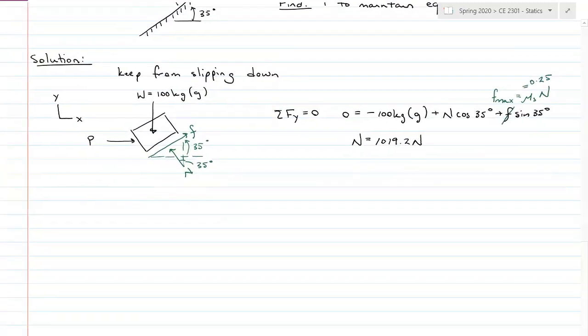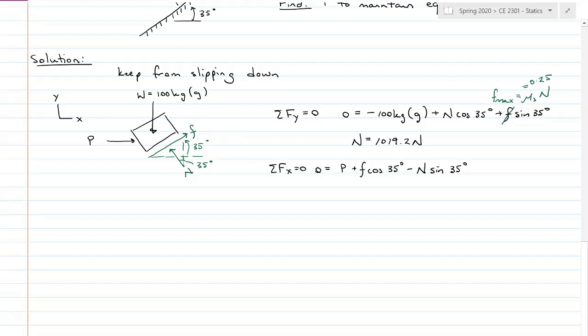And then I can sum for forces in the x direction. And I will have P plus my friction force, cosine of 35 degrees, minus my normal force, sine of 35 degrees.